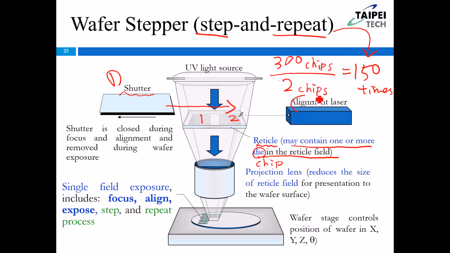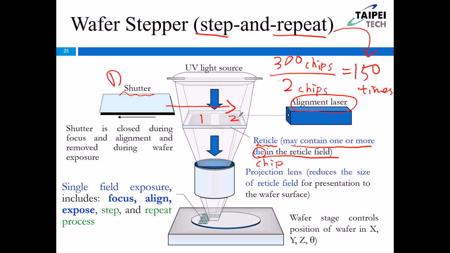For the alignment, we have the alignment laser. We use the alignment laser to make sure the reticle and the silicon wafer are placed with accurate precision, okay?